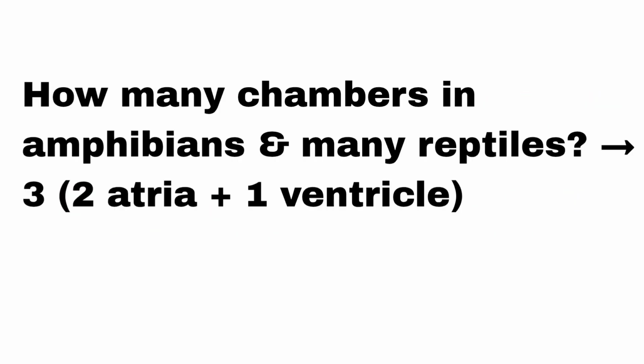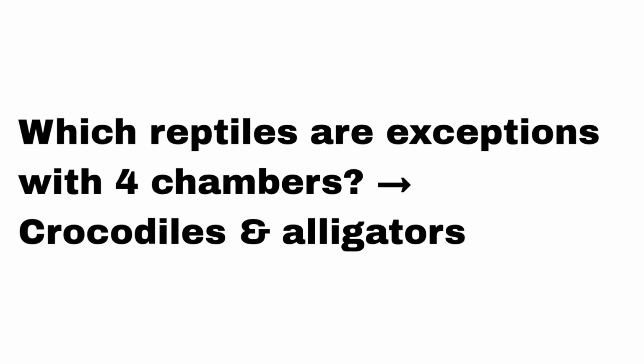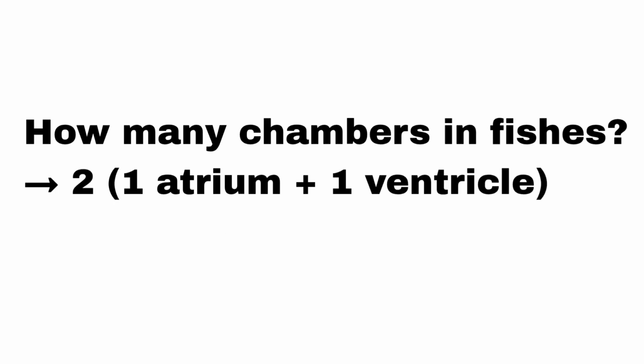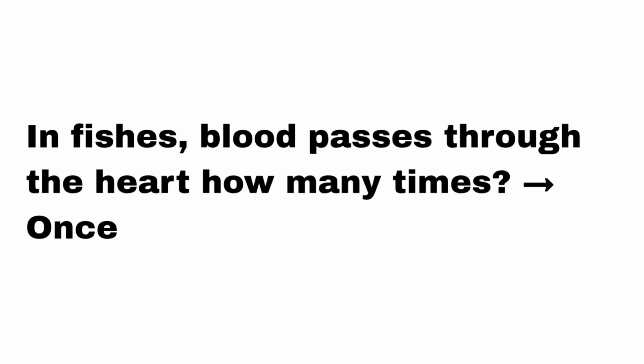So, how many chambers are present in an amphibian's heart? Three chambers. And which reptiles are exceptions with a four-chambered heart? Crocodiles and alligators. How many chambers are present in a fish heart? Two. In fishes, how many times does blood pass through the heart in one cycle?